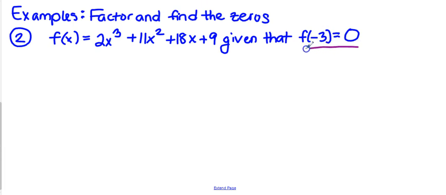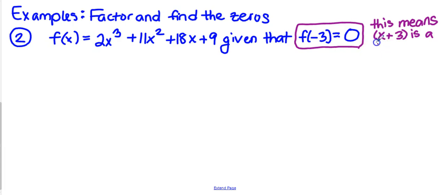So let's talk about what this means. If f of negative 3 equals 0, this means x plus 3 is a factor, and the value x equals negative 3 is a 0.